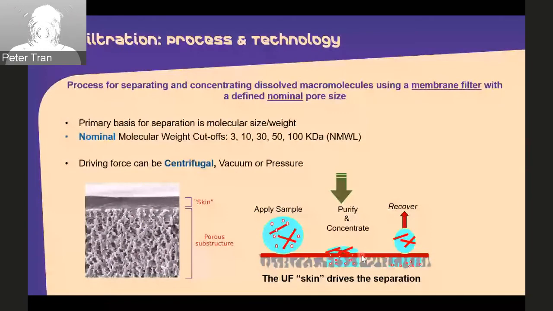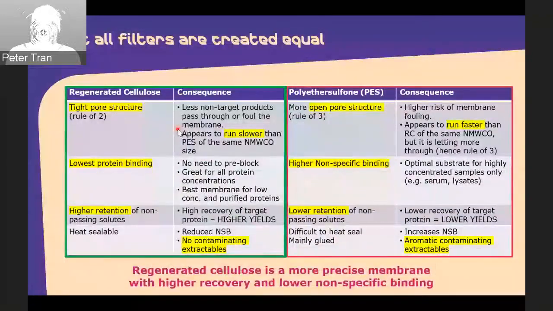Okay, so on the market there are two different membrane materials that can be used for ultrafiltration. They are regenerated cellulose, the RC membrane, and PES, right? What are the differences between them? With the RC membrane, they have a much tighter pore structure.